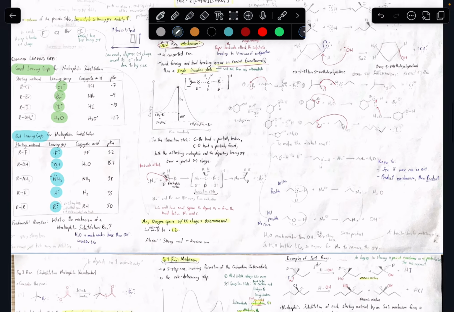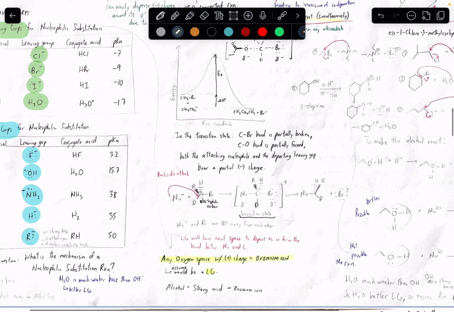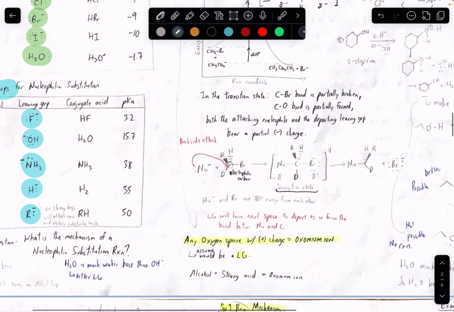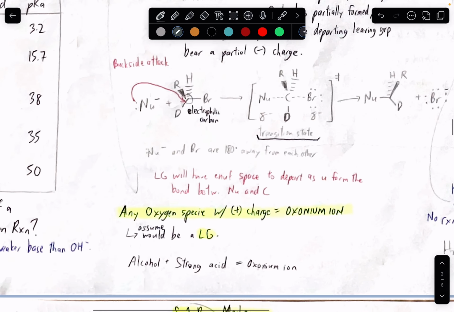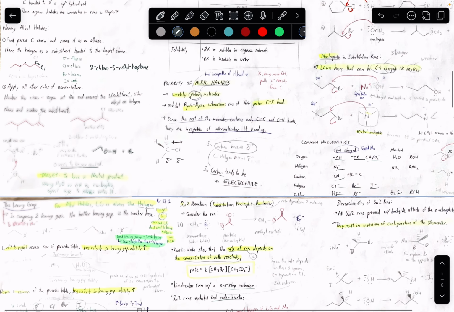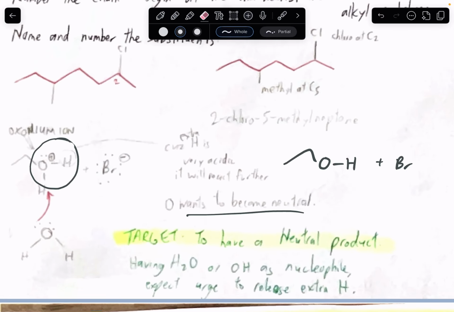Any oxygen species with a positive charge is called an oxonium ion. That's been mentioned earlier, no? So you would assume that this oxonium ion would be a leaving group. That's exactly what we see in this scenario.